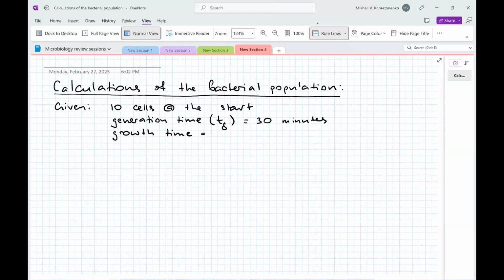Growth time, well, let's make it 3 hours. Find the number of cells.